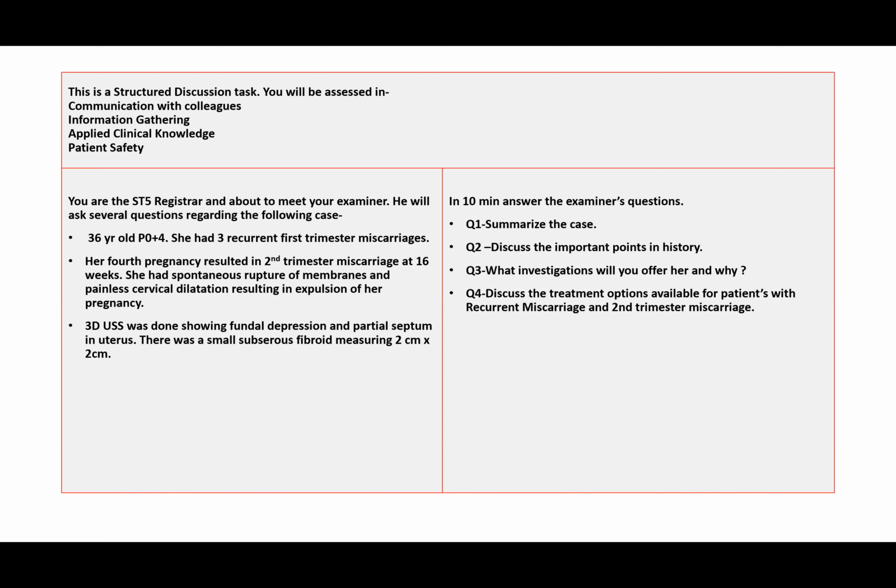As a patient having 3 recurrent pregnancy losses, I would like to ask whether histopathology was done on the products of conception or not. If tissue is not available, then I will offer her parental karyotyping.